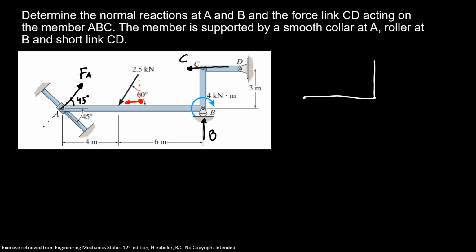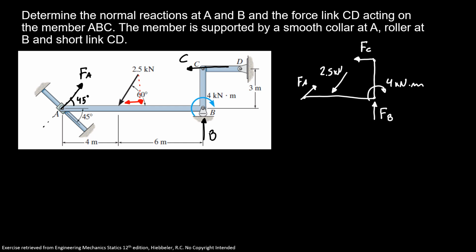I'm going to draw it here. So here I have my force C. Pointing up I have my force B. Here I have my force of 2.5 kilonewtons with an angle, and here our F A, and here our moment of 4 kilonewton meters.